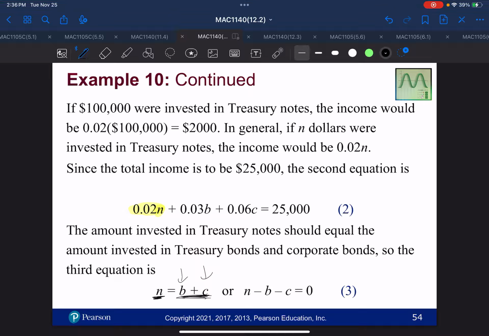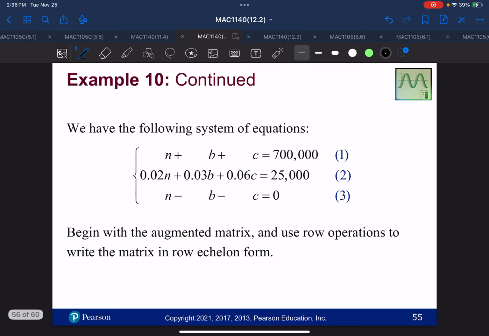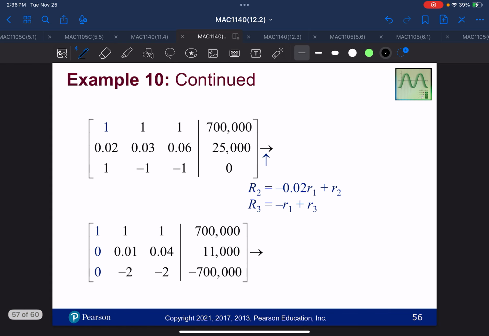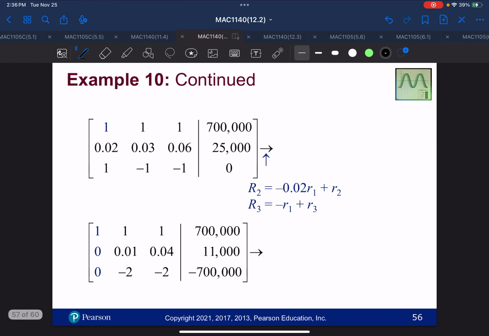So that would give me N is equal to B plus C, or if I got this equal to 0, that would be N minus B minus C equals 0. And so here are my three equations. And I could use my calculator and plug this in as the augmented matrix, like this.